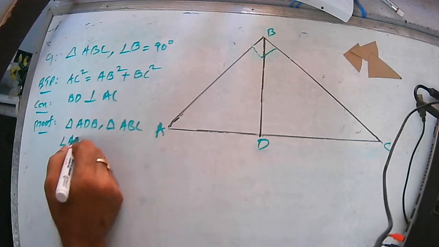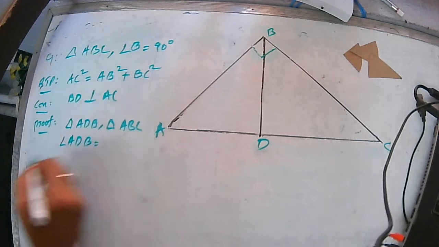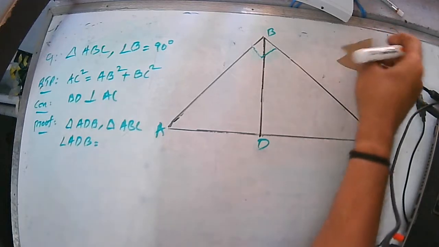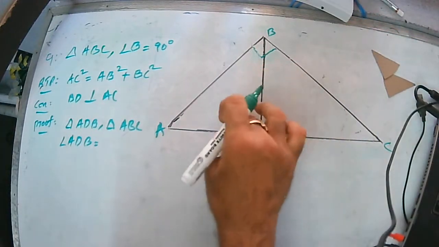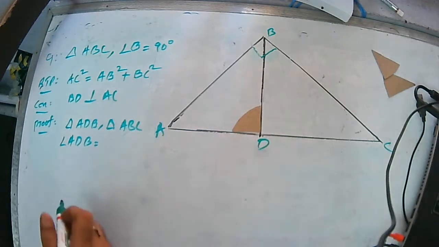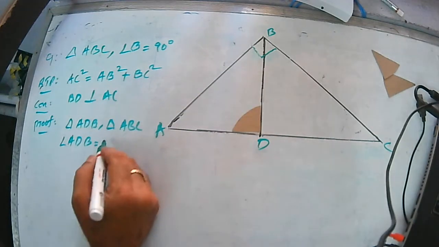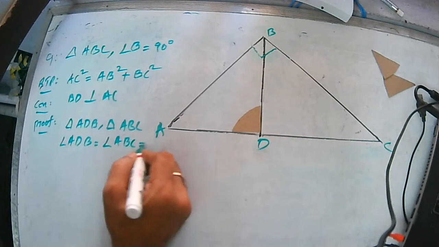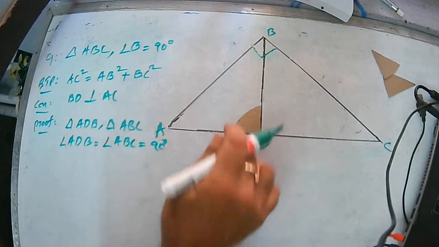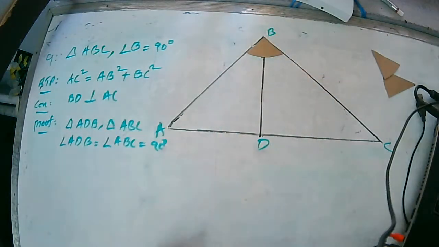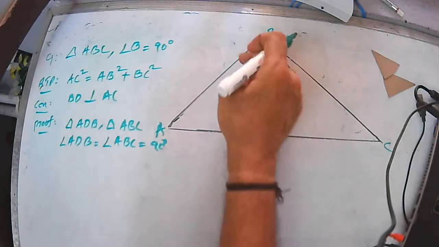Angle ADB is 90 degrees in triangle ABD, and angle ABC is also 90 degrees. Both are 90 degrees. Okay.